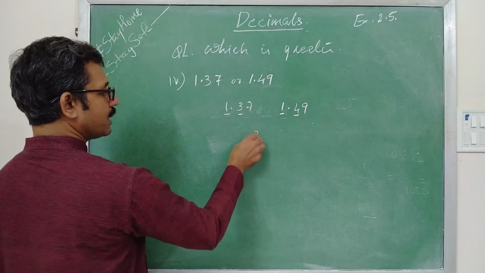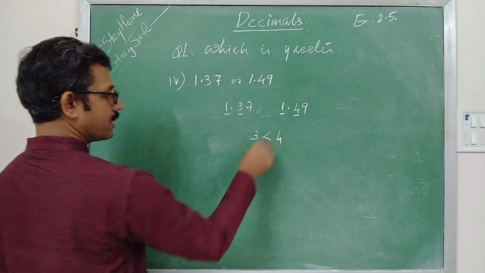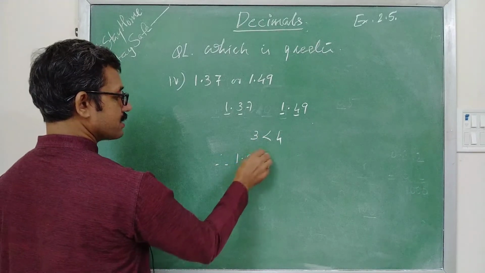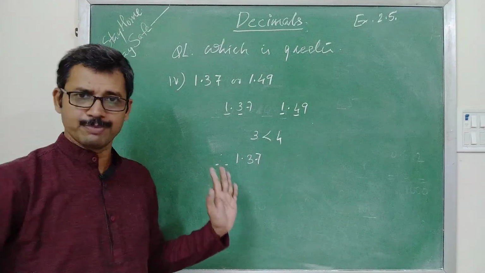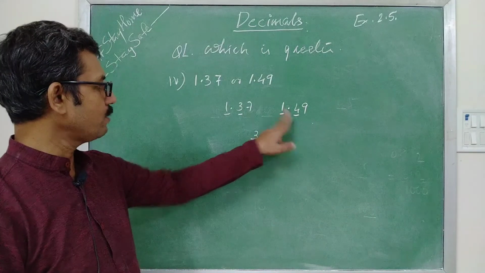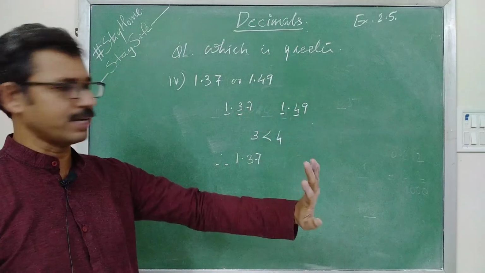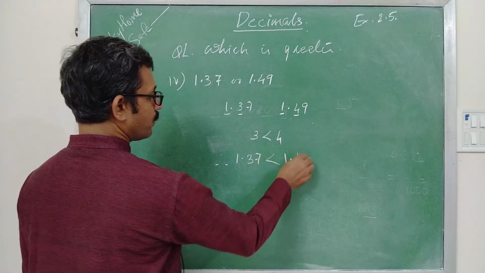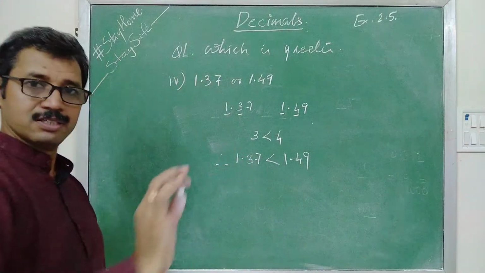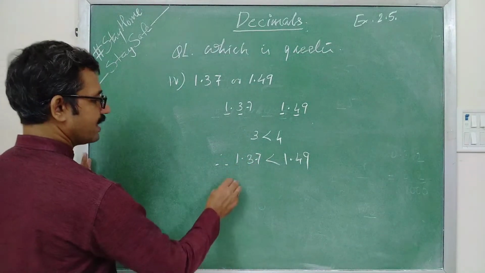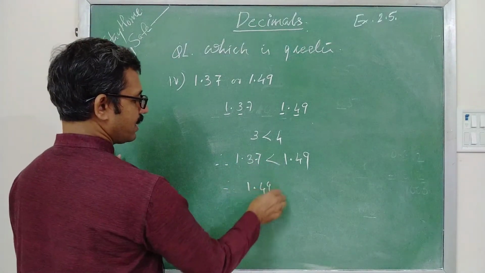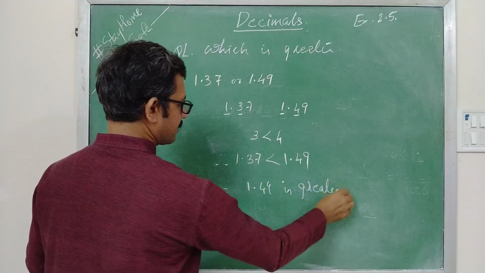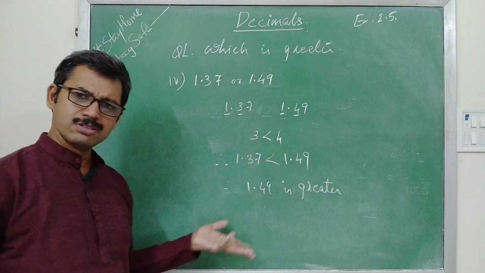You know that 3 is less than 4, correct? Further there is no need of comparison. Once you get which is greater and which is less, then it's fine. So 1.37 is less than 1.49, correct? Therefore 1.49 is greater. Sure, that's all.